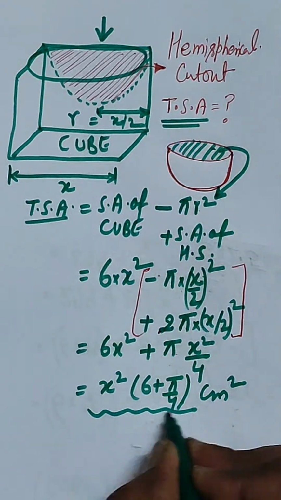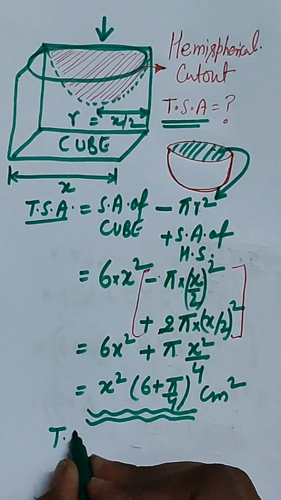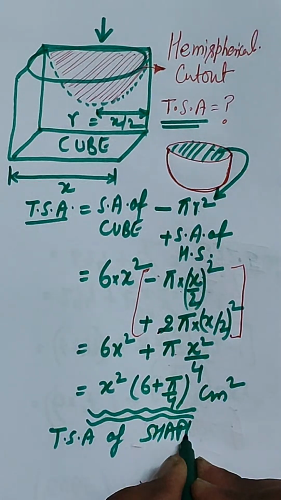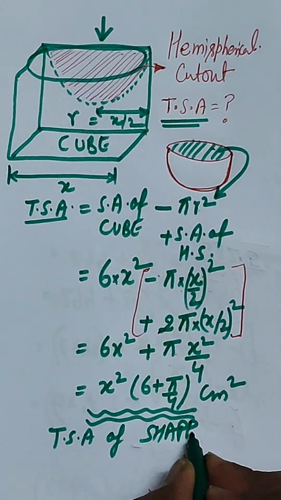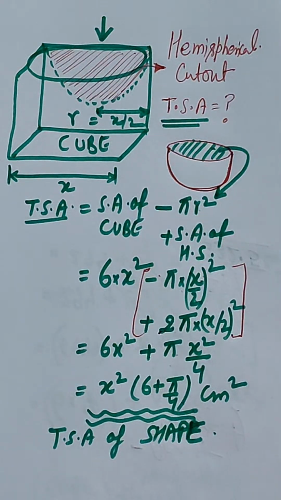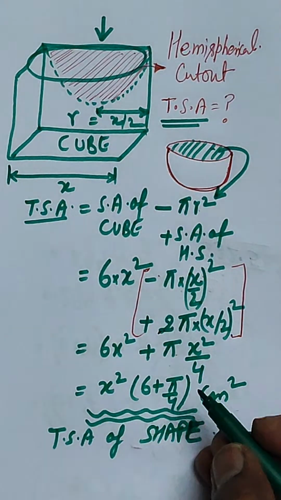This will be the total surface area of the shape which is formed when a hemispherical cutout or hemispherical depression is cut out from the face of the cubical wooden block, and it was given that the diameter of the hemisphere is equal to the edge of the cube. And that we have also considered here, right?